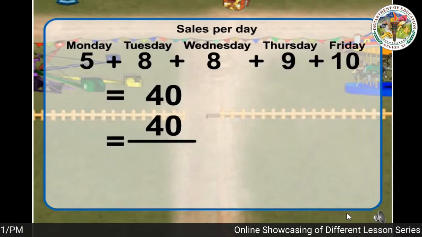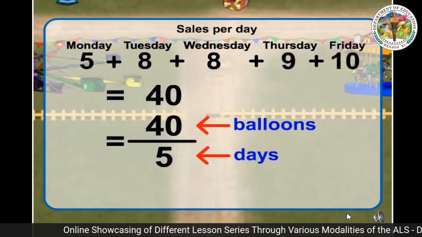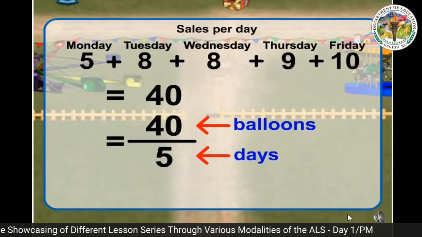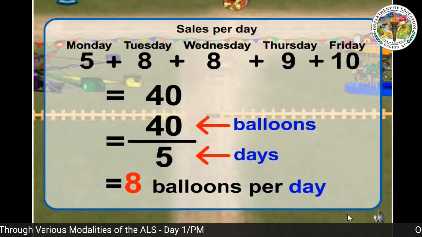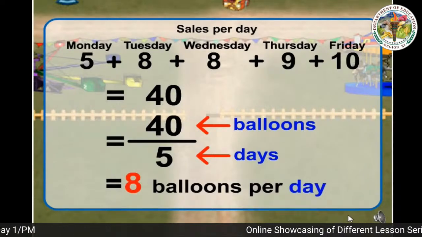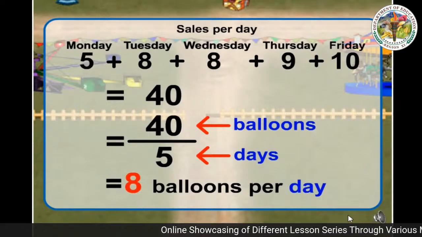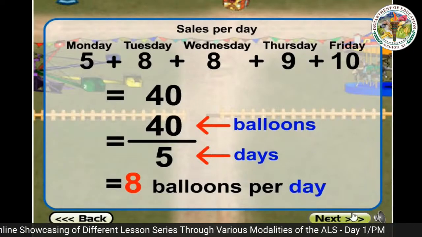We have to divide this by 5, which is the number of days I sold balloons. 40 divided by 5 is equal to 8. It means that I was able to sell an average of 8 balloons in a day for 5 days. This average is also known as the mean.